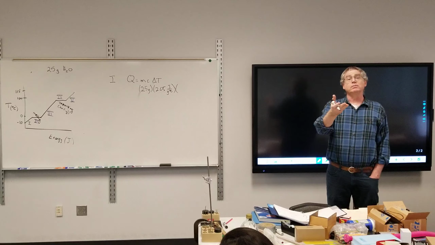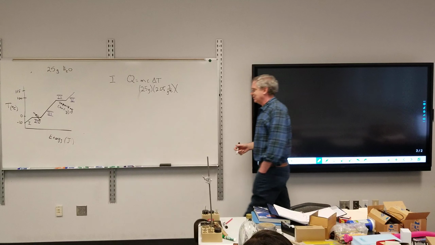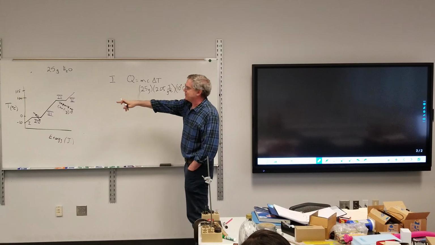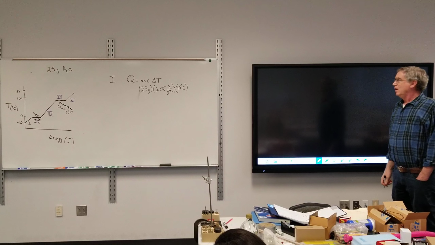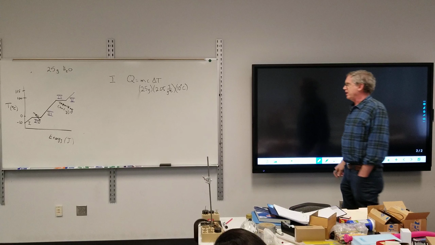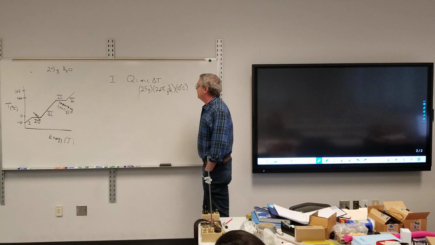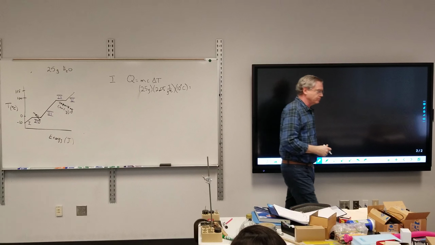Based on the board, pardon? 10. Give me the whole thing. 10 degrees Celsius. Yep. I'm taking it from -10 up to 0. That is a change of +10. And so there's the math problem, 25 times 2.05 times 10, and that equals someone is going to share with us.